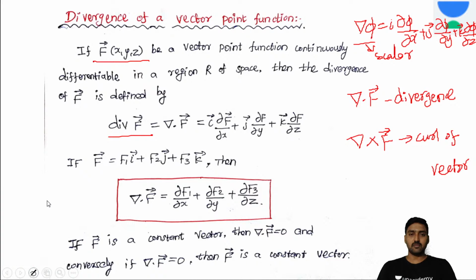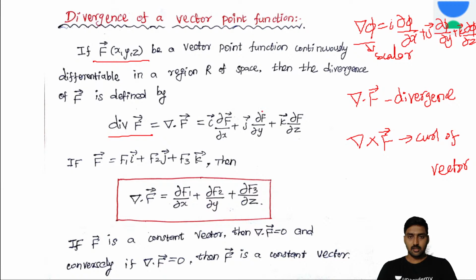While applying with the vector function, del dot f vector is equal to i vector into dou f vector divided by dou x, plus j vector into dou f vector divided by dou y, plus k vector into dou f vector divided by dou z. Here it is a vector symbol, so we need to use the vector symbol.